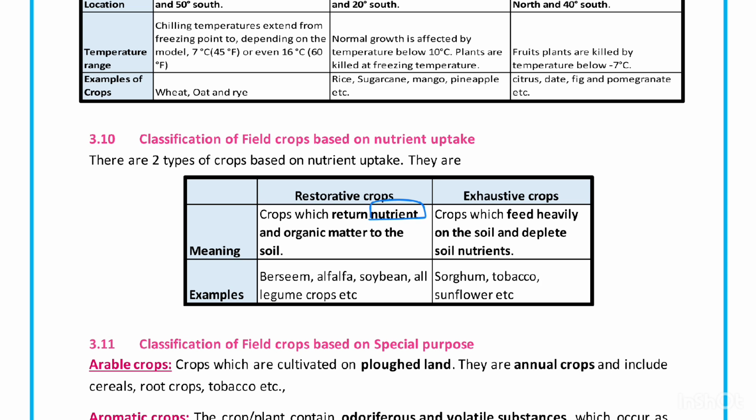There are a few crops which have the ability to restore the fertility of the soil. That is called restorative crops. We have already discussed that legumes have the capability to fix atmospheric nitrogen to the soil, and this type of crop is called restorative crops.